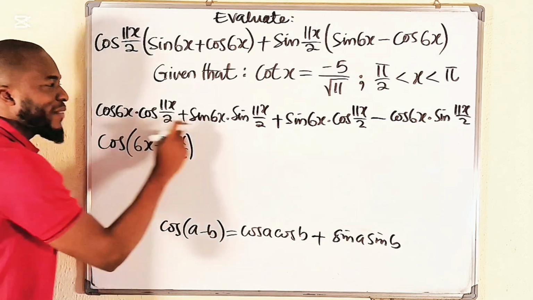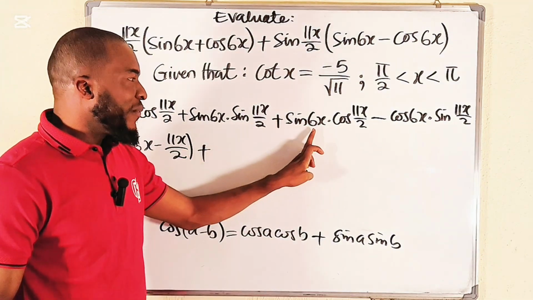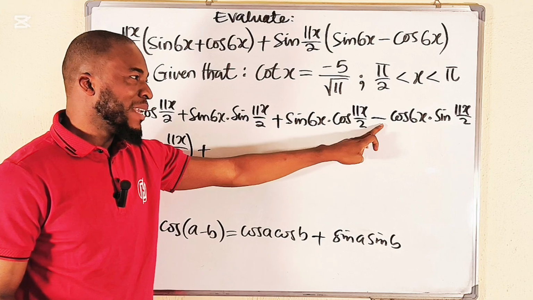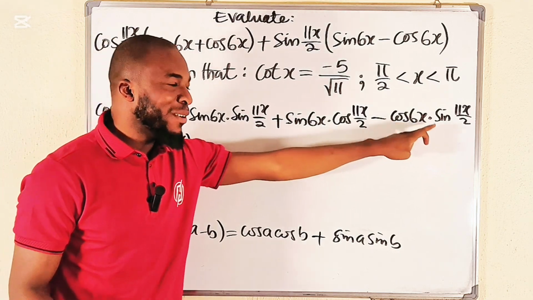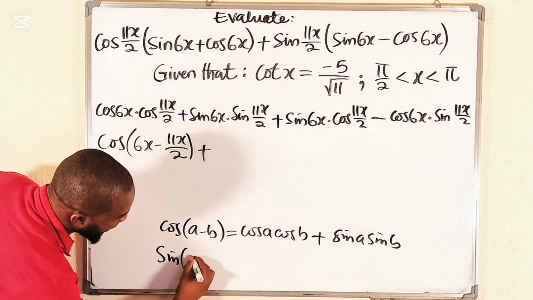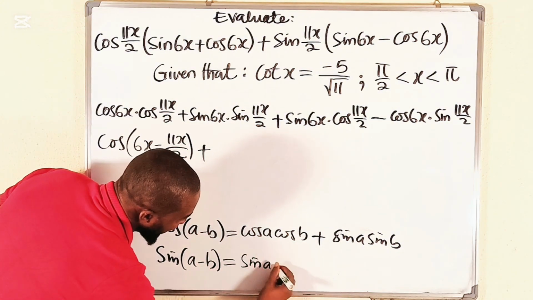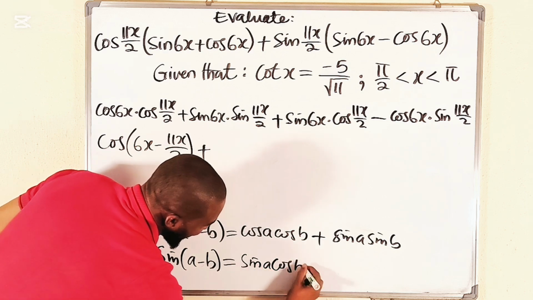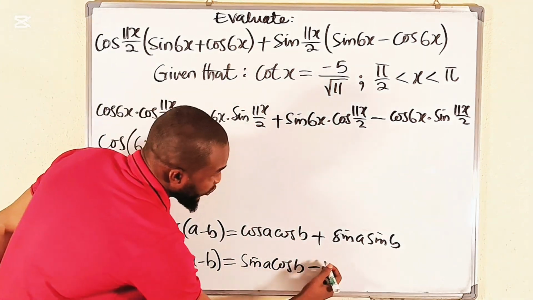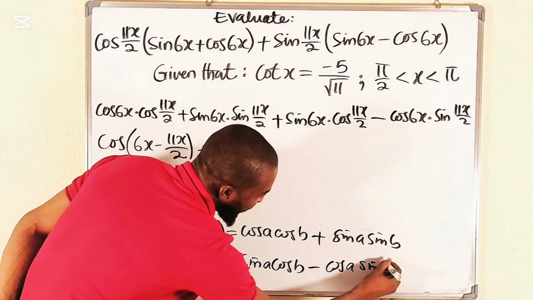We have simplified this. Then the other one, sine of the first angle, cosine of the second angle, minus cosine of the first angle, sine of the second angle. What can you remember? If you have sine of a minus b, it will be sine of a cosine of b, then because it is minus, you have minus cosine of a sine of b.